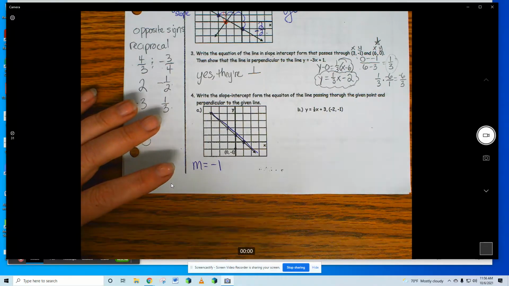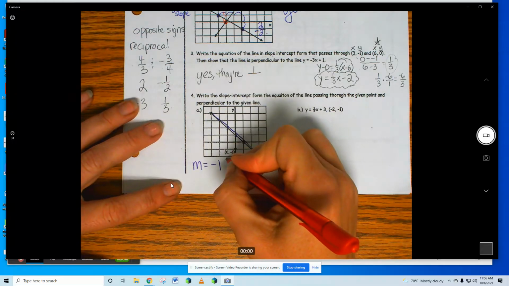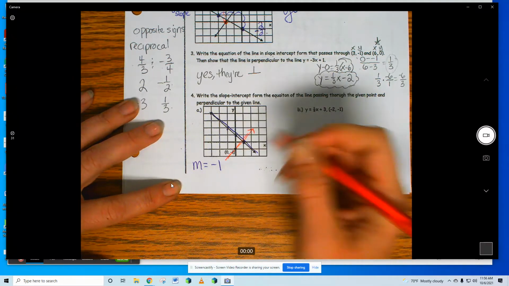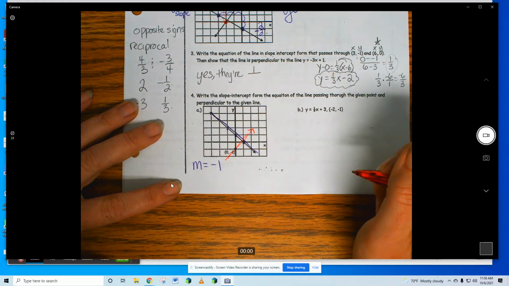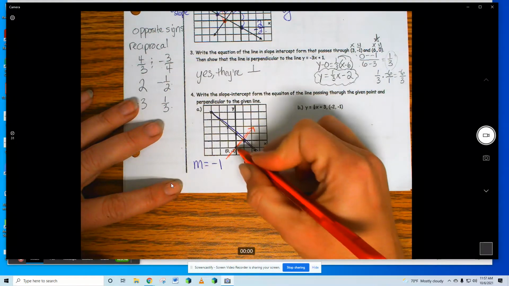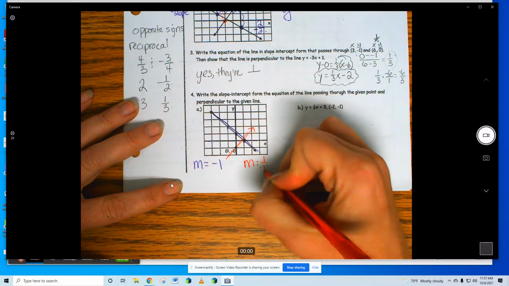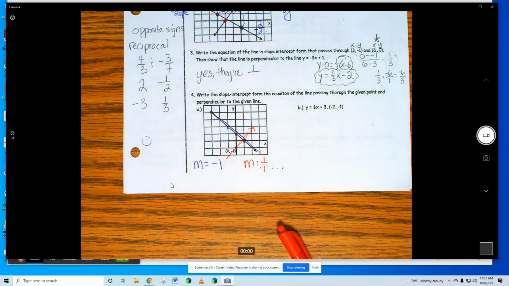I'm going to draw a line through this point, and we'll see if it's perpendicular. The slope of the red line is also 1/1. Yep. That's a weird one. Opposite reciprocals of -1. But they are opposite and reciprocal. 1 and -1.